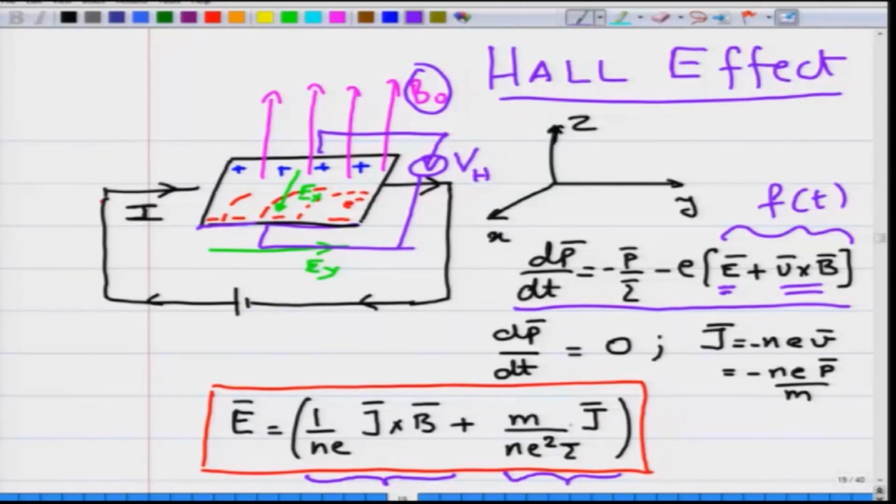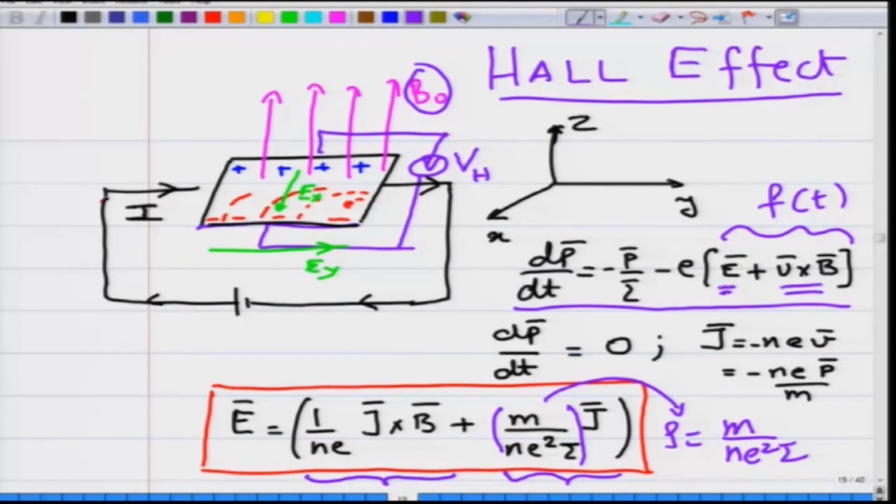If you recall, this is nothing but the resistivity which you derived from Drude's model: rho is equal to m divided by n e squared tau. So this second term is Drude's resistivity, and the first term comes from the effect of the magnetic field.